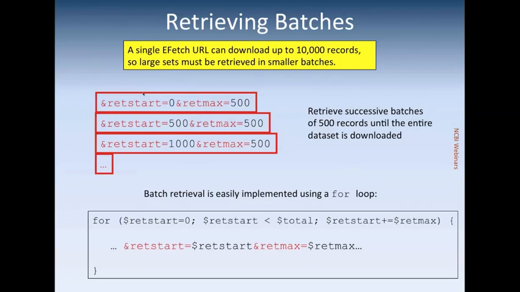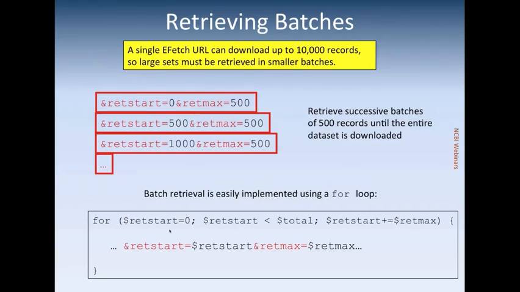And you use these two parameters, retStart and retMax, that I discussed a few minutes ago, because if you set retMax to some value of a batch, maybe 500, maybe 1,000, and then you loop over retStart, effectively you will download the set in batches of size set by retMax. So in this case, if retMax is set to 500, then I'll start retStart at 0, and then it will be 500, 1,000, 1,500, 2,000, etc. And this is, of course, very straightforward to do in a for loop or any other kind of loop that you'd like to create, and you can get the whole thing down.